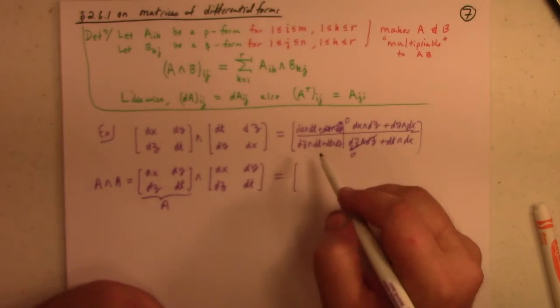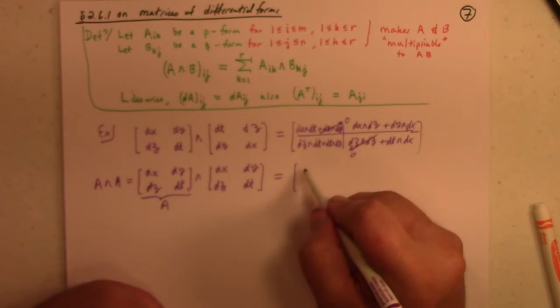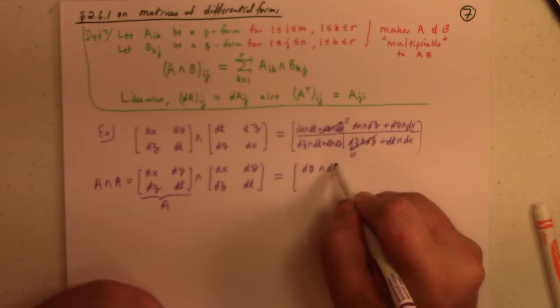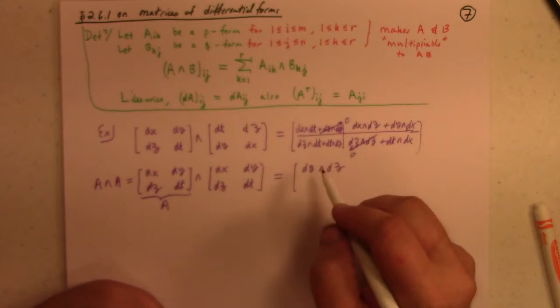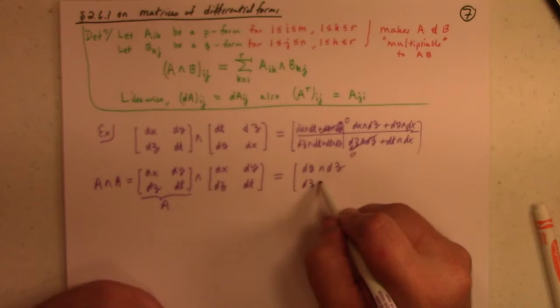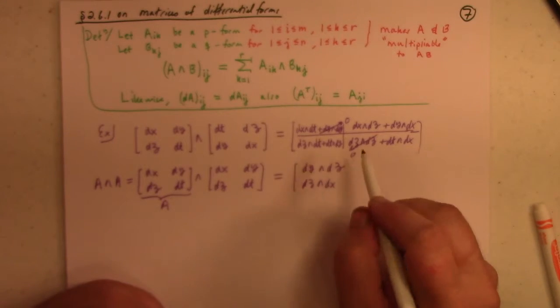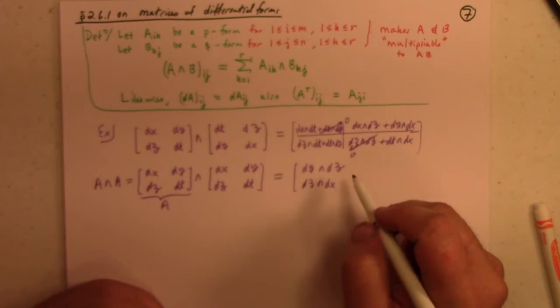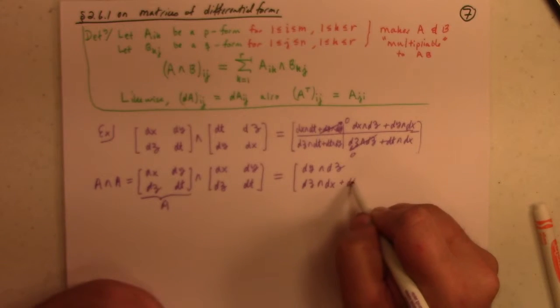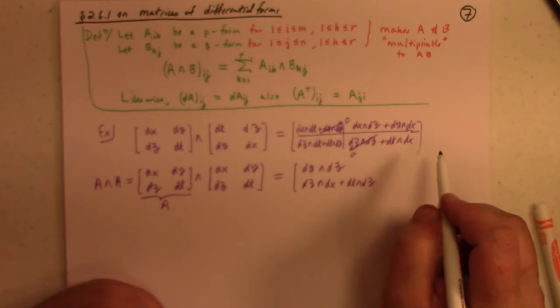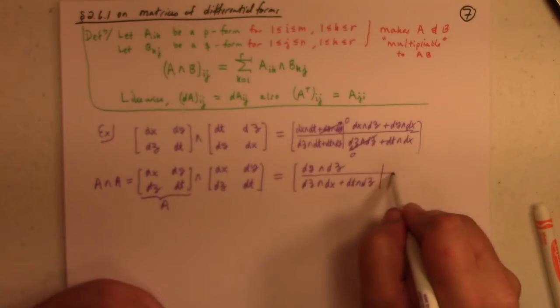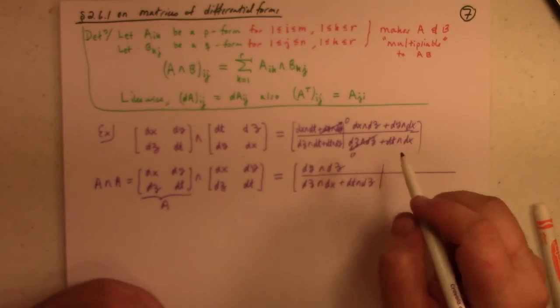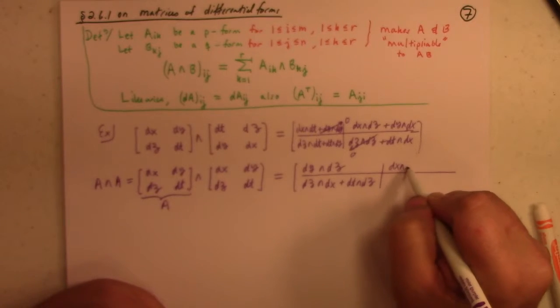Let's see here. So dx wedge dx is 0. I'm not going to write that. What we get is dy wedge dz. We get dz wedge dx. Plus dt wedge dz. Interesting. And let's see here, dx wedge dy.